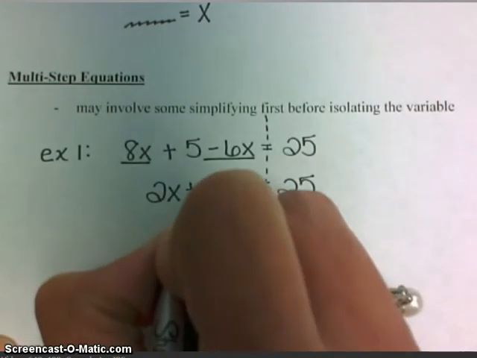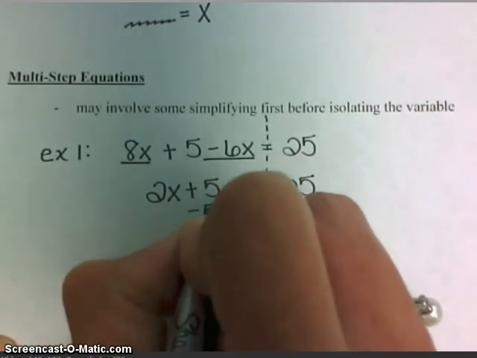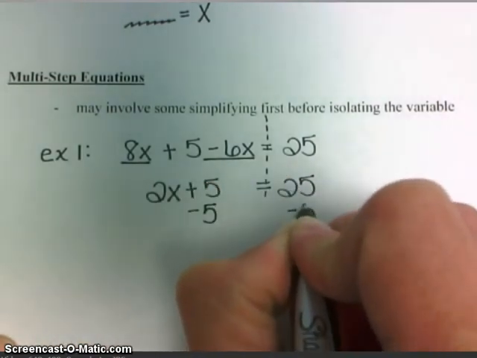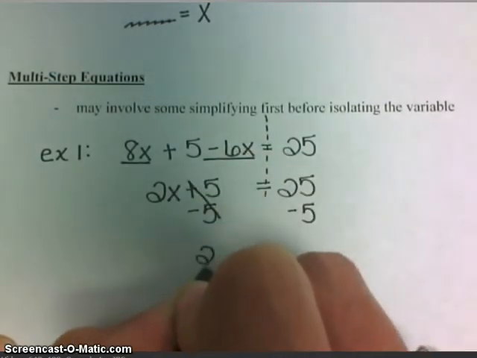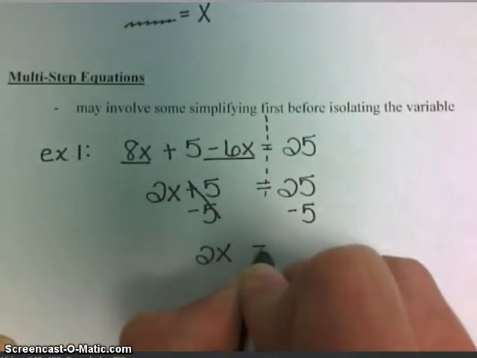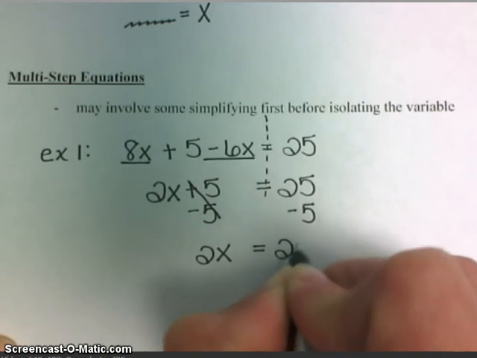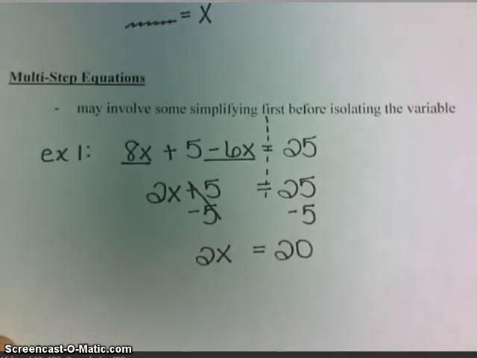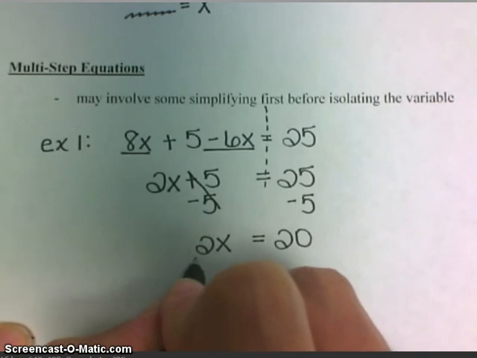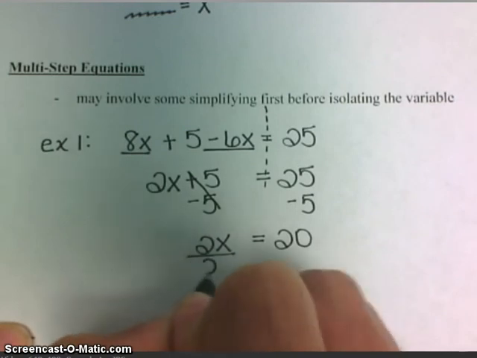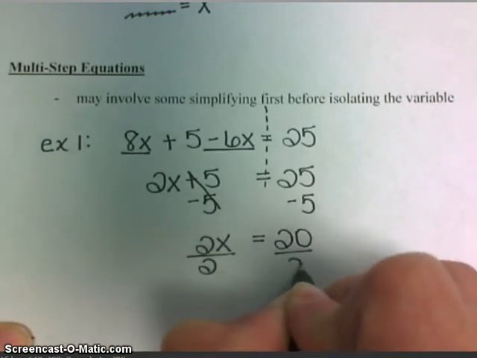So inverse operation, subtract 5 from both sides of your equal sign. So that leaves us with 2x equals 20. And then the opposite or inverse of multiplying, we've done this 2-3 times now, is to divide by 2.